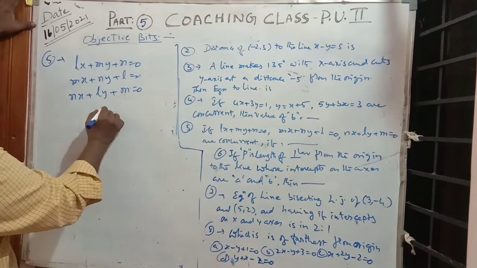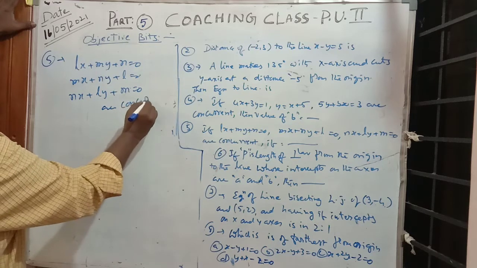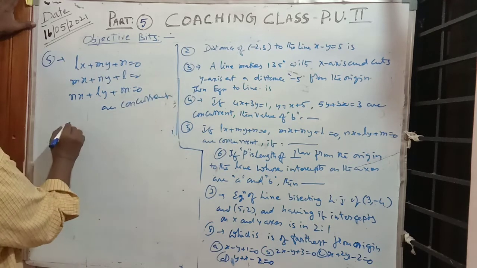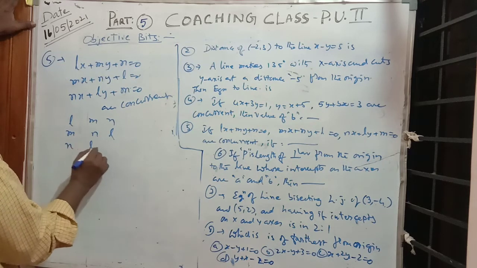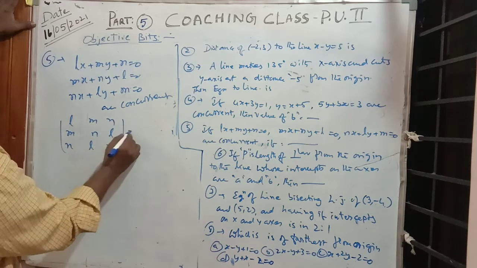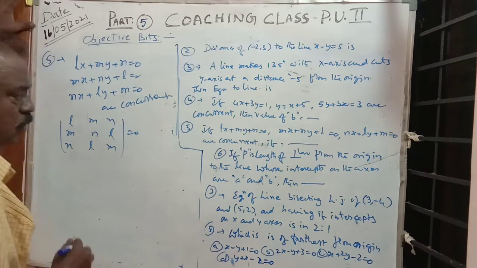Okay, they are concurrent. Concurrent means the determinant of LMN, MNL, NLM is 0. That is the condition I am using.